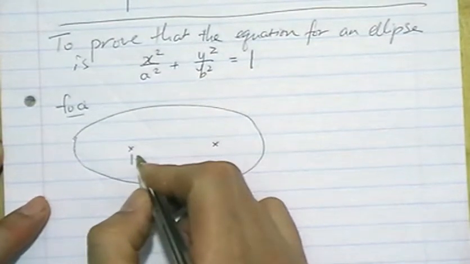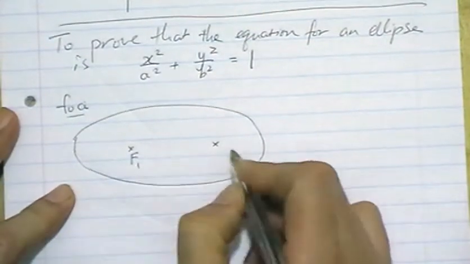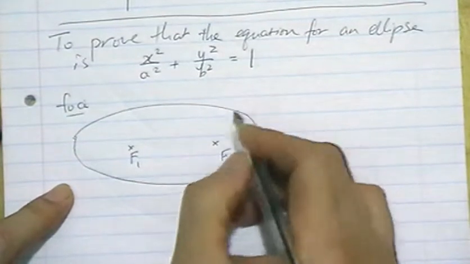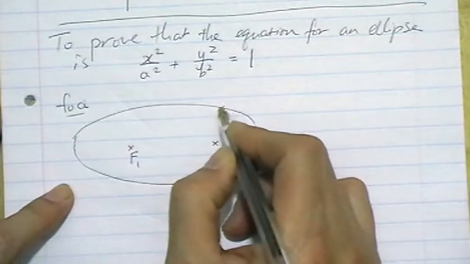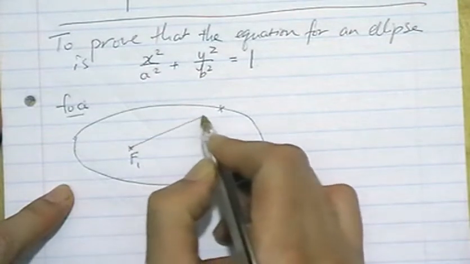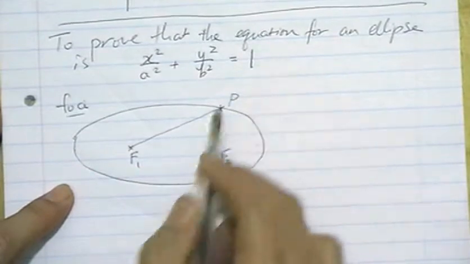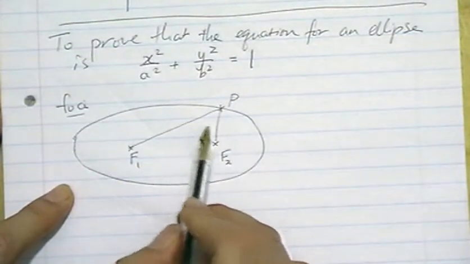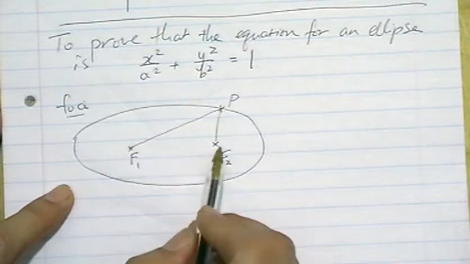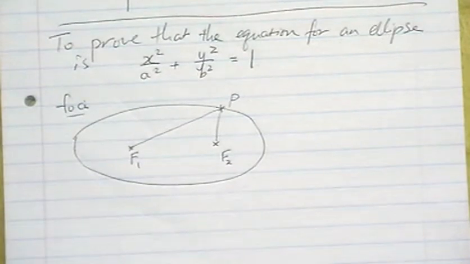I'll just call it F1 and F2. Then for any point on the ellipse, the sum of distances of that point from the two foci must be a constant.